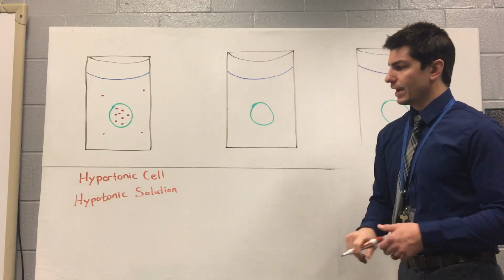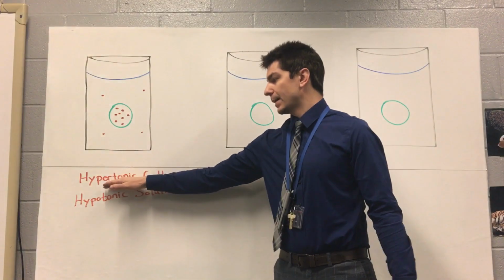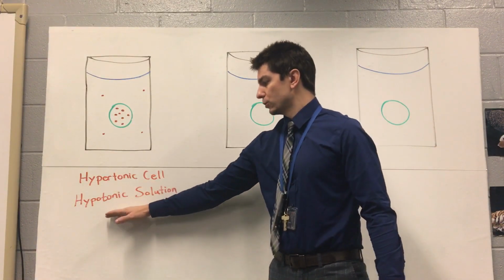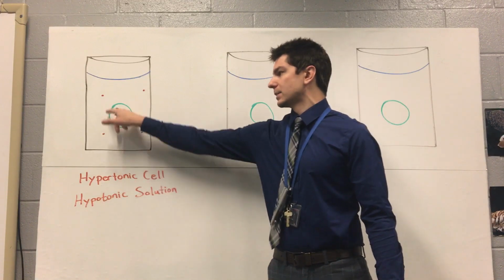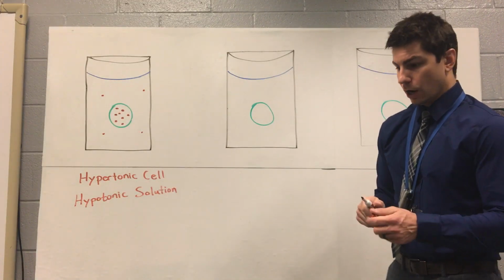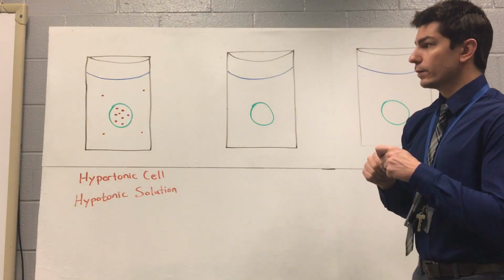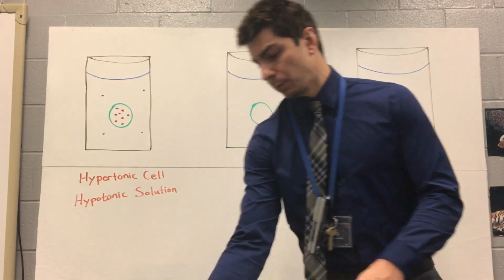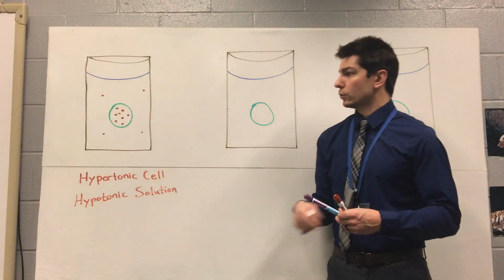So we assigned our vocabulary words. We know that it's a hypertonic cell because it has more solute particles, and the solution is hypotonic, meaning it has less solute particles. Our next thing to determine is, where is water going to go? Water is always going to go to where there are more solute particles.